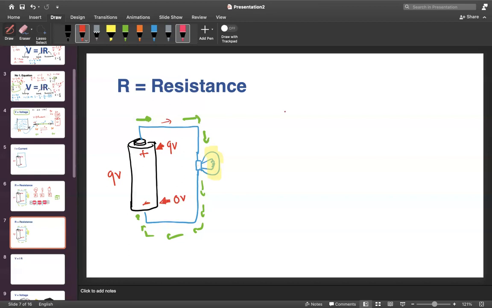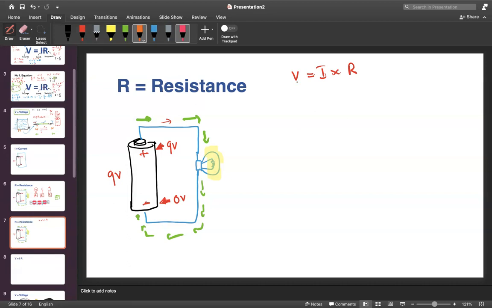So current is something like this. You need to look at this equation, okay? V equals I multiplied by R, right? Okay, let's take something like this.